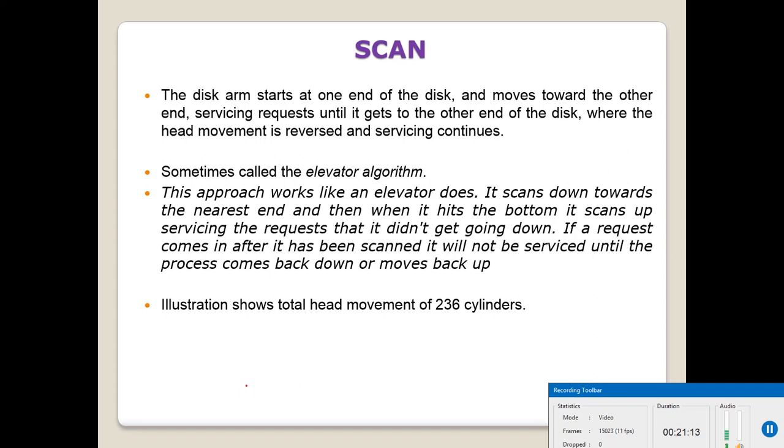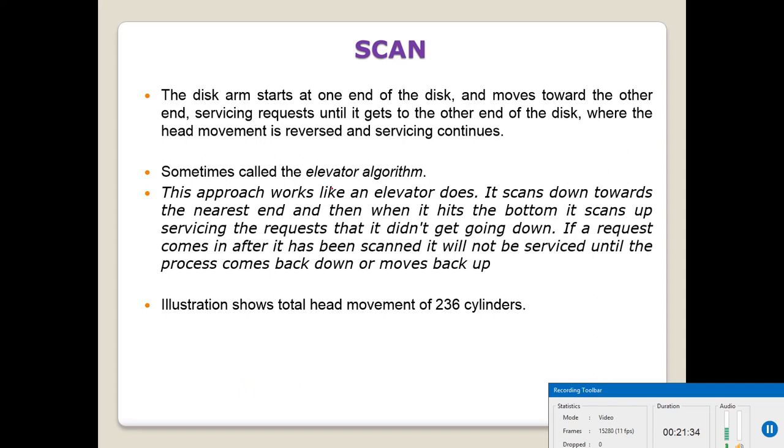This is also called the elevator algorithm because it behaves like an elevator. The head continuously scans back and forth across the disk. It is called an elevator because it first services all the requests going down or going up and then reverses the direction.